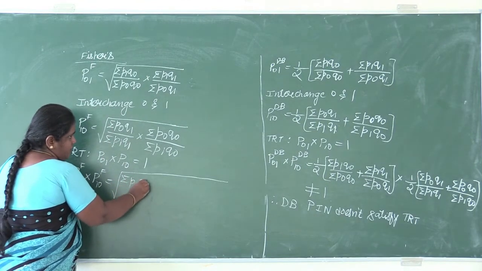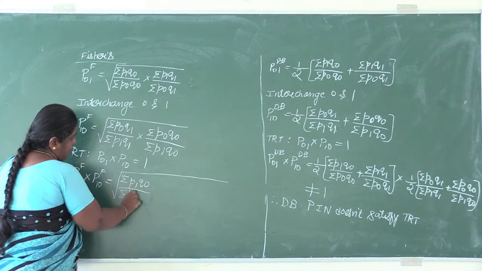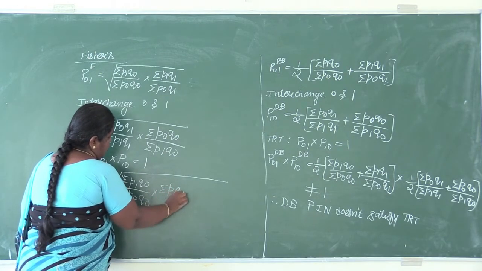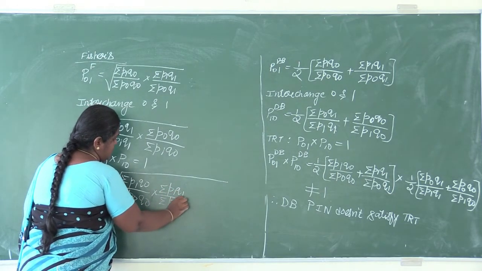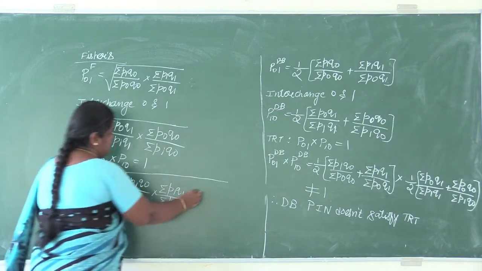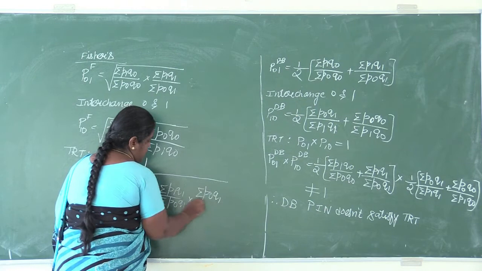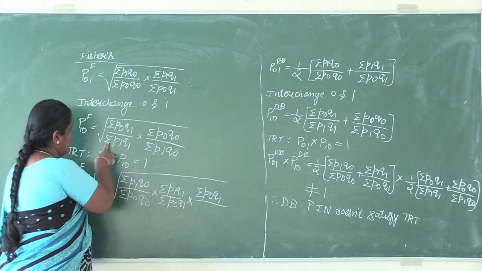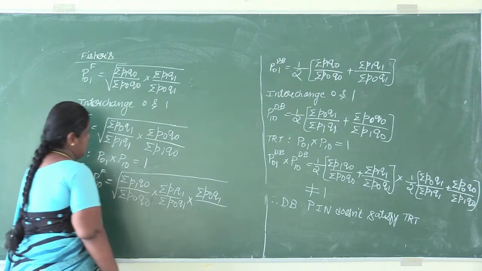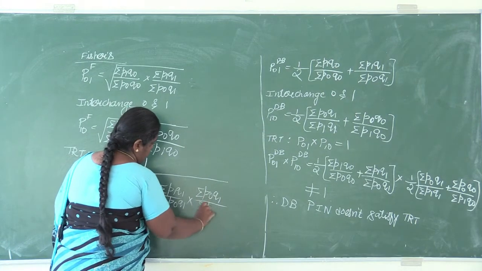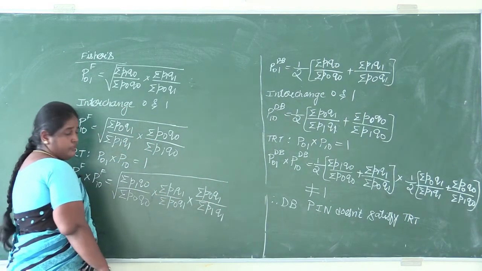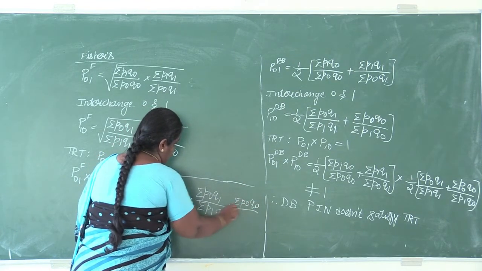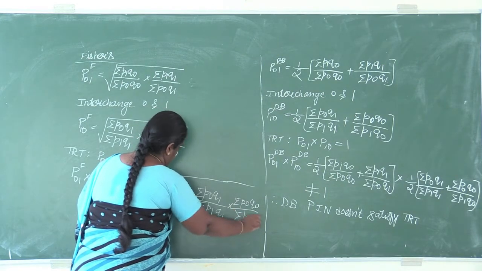So it is sigma P1 Q0 divided by sigma P0 Q0 into sigma P1 Q1 divided by sigma P0 Q1, into, again writing the multiplication sign, then continuing with the P10F formula, sigma P0 Q1 divided by sigma P1 Q1 into sigma P0 Q0 divided by sigma P1 Q0.